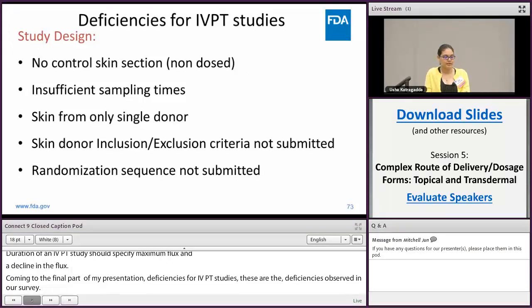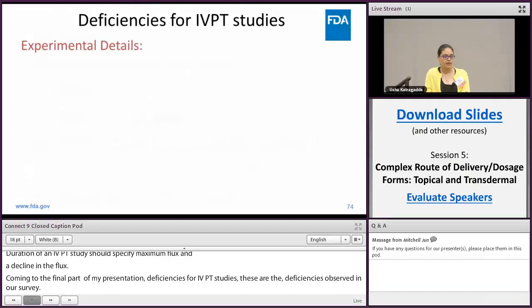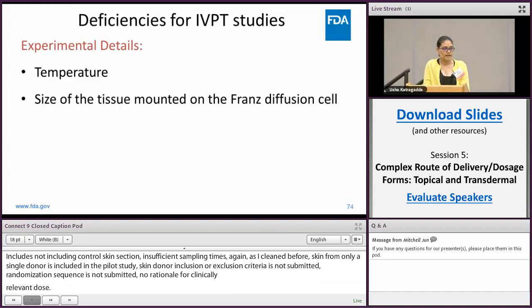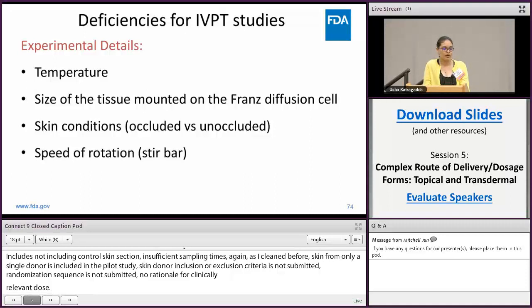Randomization sequence not submitted. No rationale for clinically irrelevant dose. Details about experiments are missing, like temperature, size of the tissue mounted on the diffusion cell, skin conditions, either occluded or unoccluded, speed of stir bar, dosing and sampling design.